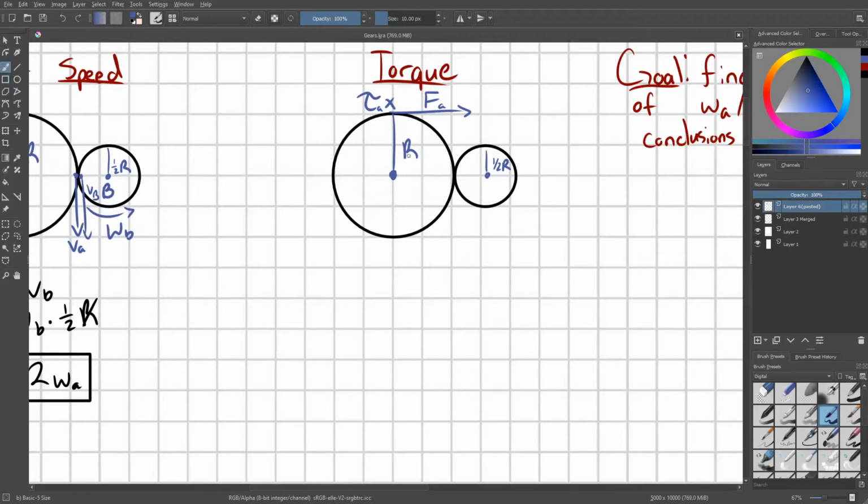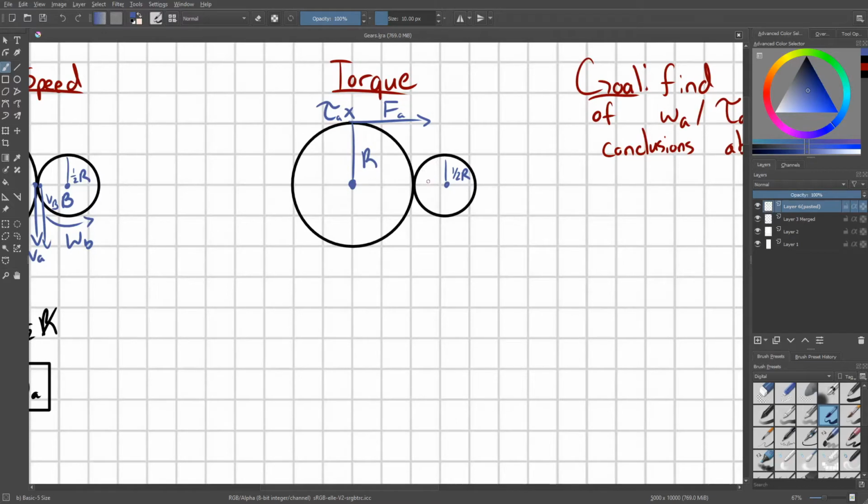Let's look at this other simple problem where we have our bigger gear A has a force Fa on it. We can determine the direction of the torque by using the right hand rule and see that it will act into the page, which I have indicated with an X. Now, if we look at the point of contact, then we can see that gear A is going to push onto gear B with this same force, Fa.